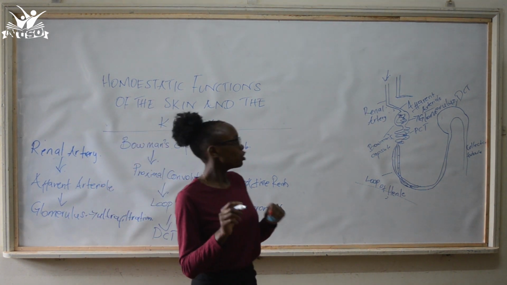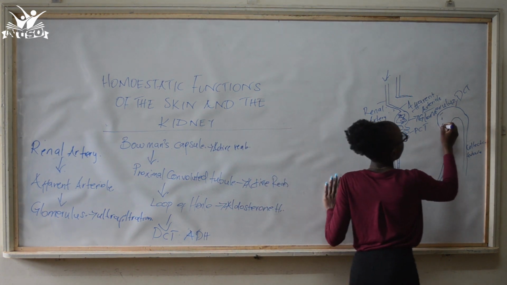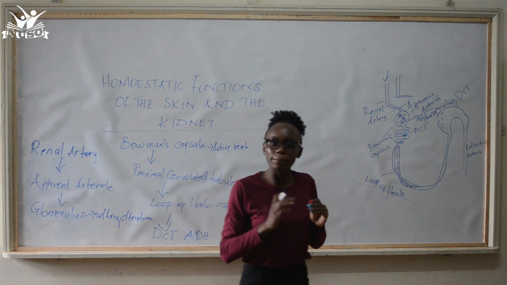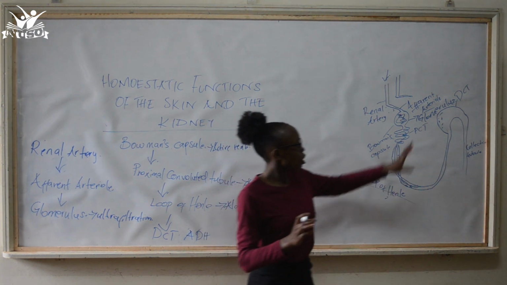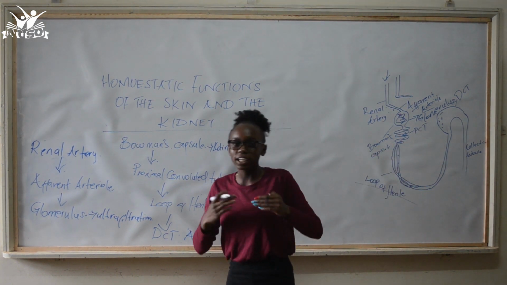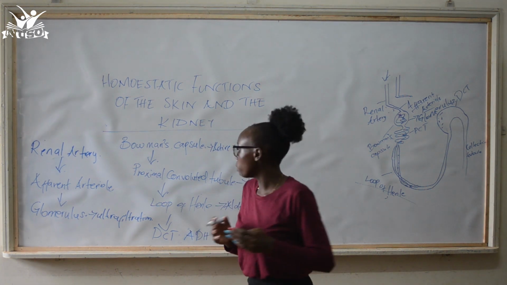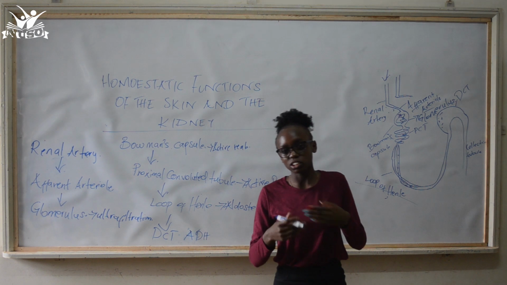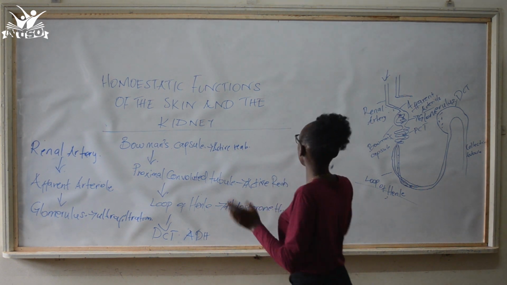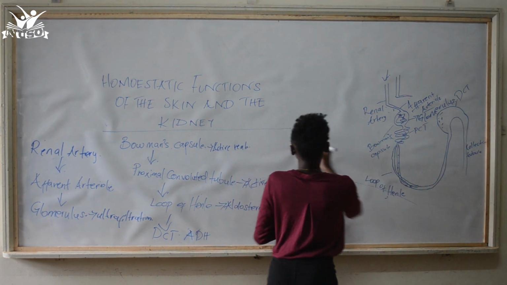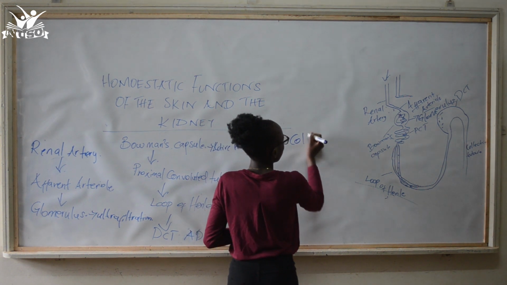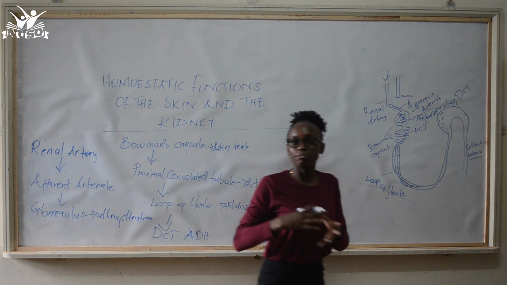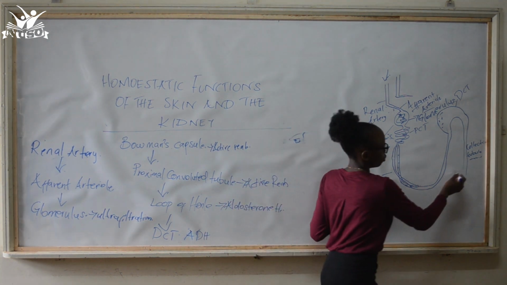This hormone makes the walls of the distal convoluted tubule selectively permeable to water, and therefore water is reabsorbed back to the blood. Substances such as urea, some salt, and some water are left, and these are moved to the collecting tubule. In the collecting tubule, they form the urine and move to the ureter.